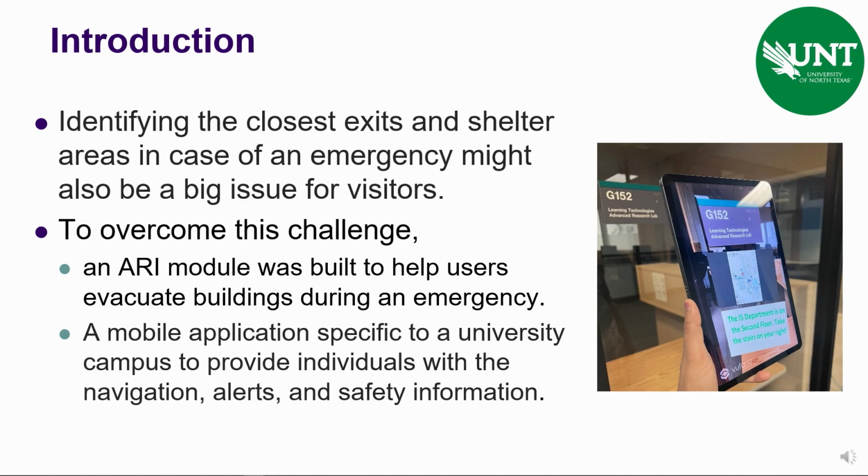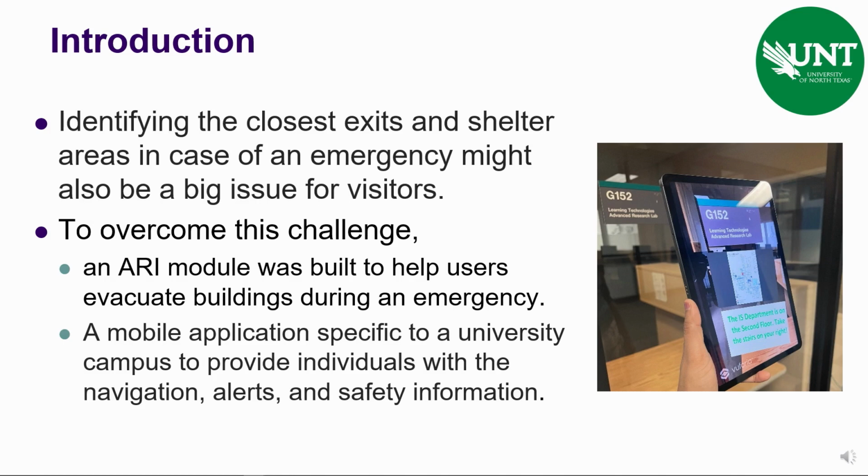The idea is the more images or markers you capture in a building, the better the system becomes. If the database has more permanent features, it will automatically become better. Our goal was to use these markers to let the user know where the exits are, and depending on the emergency, tell them the shortest exit to use.